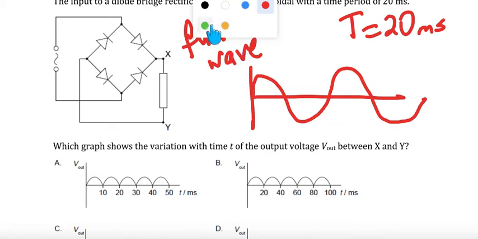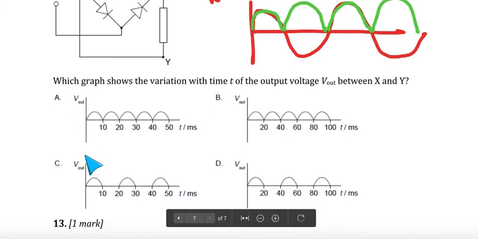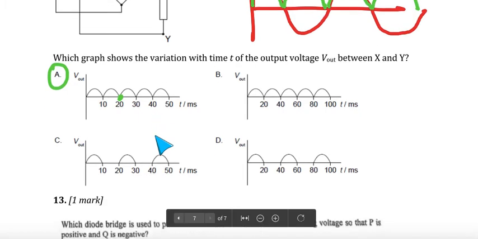When it is rectified, you have this and this corrected, and then this, and then this. So that is either in A and B, but the difference between A and B is the time period. We are given that time period is 20, so we need to choose A, because in one time period you have two of these bumps when it is rectified. So that's the correct answer.